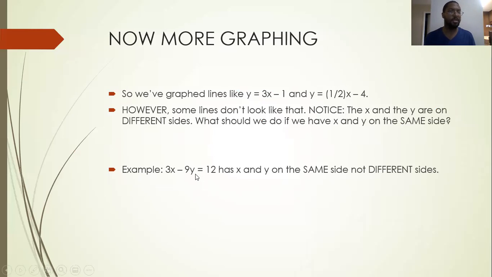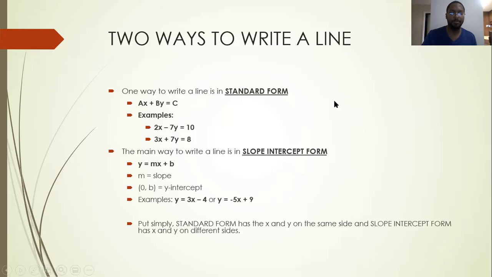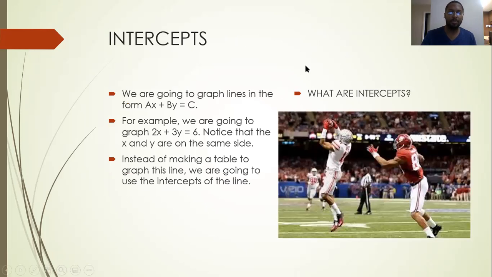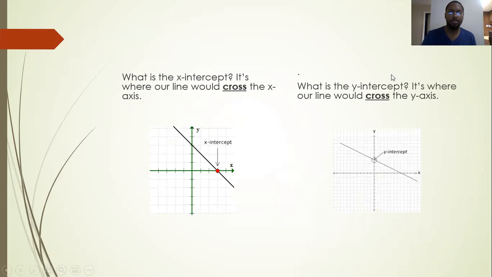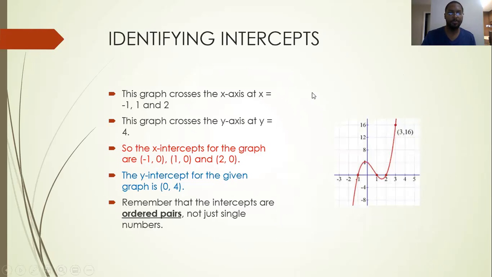Now all of a sudden we've got to figure out how to get y by itself by subtracting 3x from both sides, divided by -9, so on and so forth. Well, I don't want to do all that because that's extra work for me. I want to do the least amount of work to do a math problem that I can. So if I can do very little work, I'll try that. So what's the simplest way for me to do something like this? Well, the simplest way to do it is what's called an intercept.